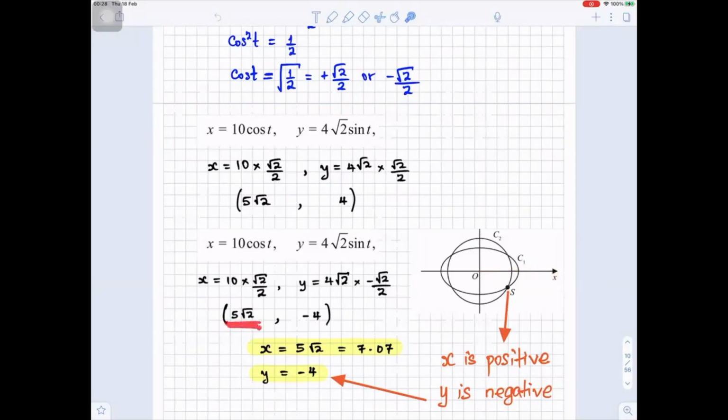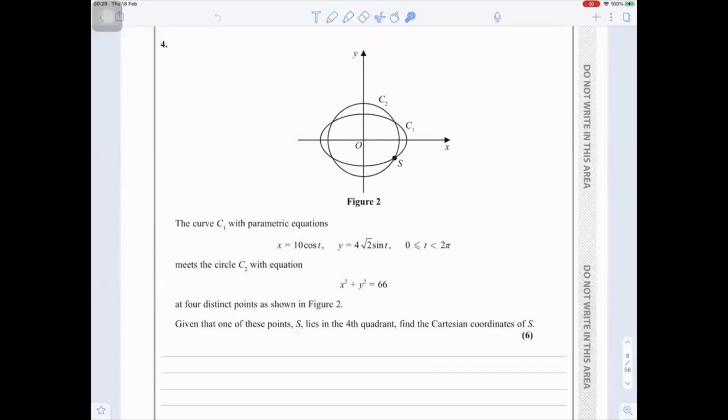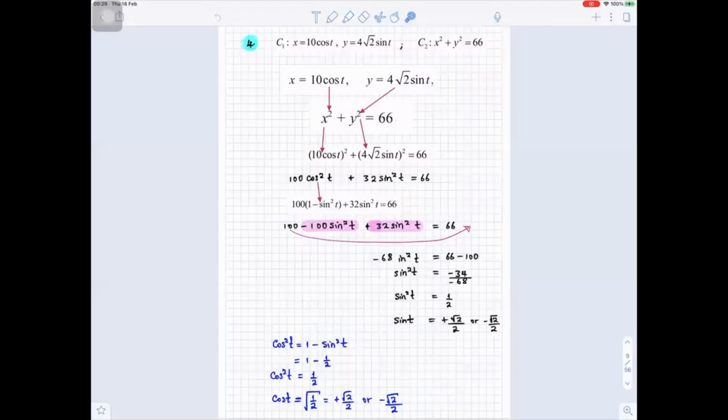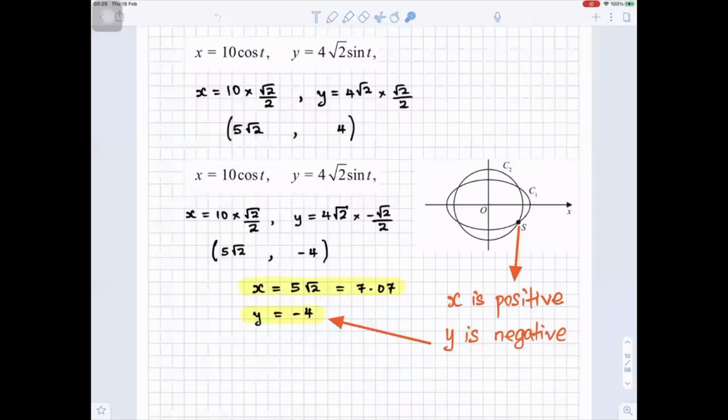The 5 root 2 is the positive going that way, and the minus 4 coming down. So that means x is 5 root 2, which is 7.07, and y is minus 4. So that's the first part of question 4 and the final part of question 4.